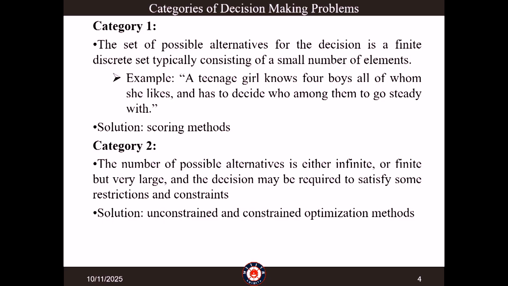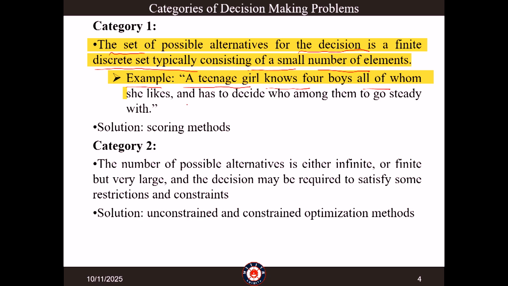Let me give you some decision making problems. Category 1: the set of possible alternatives for the decision is a finite discrete set, typically consisting of a small number of elements. Say, for example, a teenage girl knows 4 boys, all of whom she likes, and has to decide who among them to go steady with. Basically this is done with scoring methods.